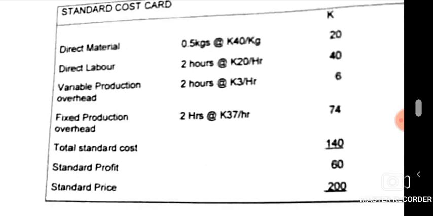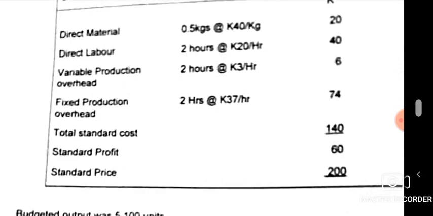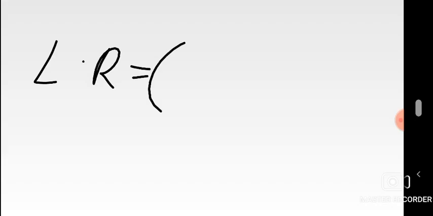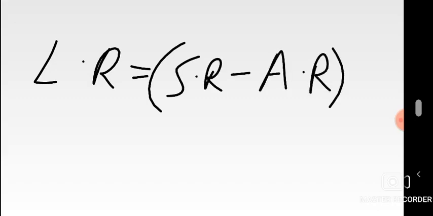Let's just get back to our question, the next board series that we solve. Let's start with labor rate variance, the one they had asked for in number 5. Well, labor rate variance is equal to (standard rate, SR, minus actual rate, AR), close brackets, times actual hours, AH.